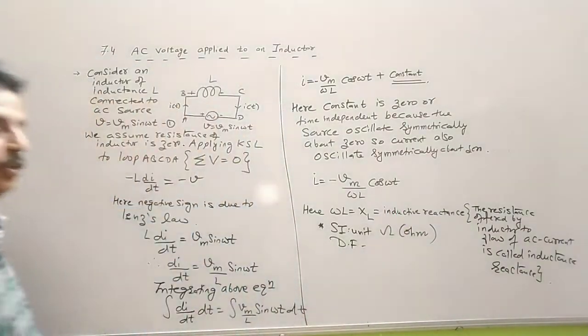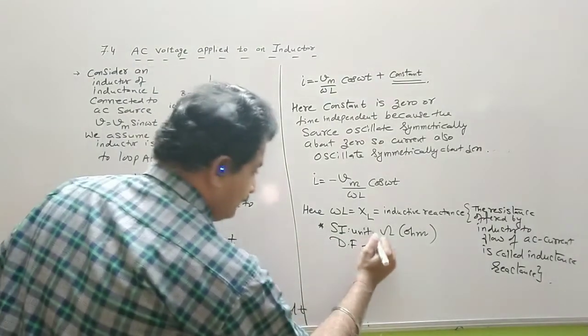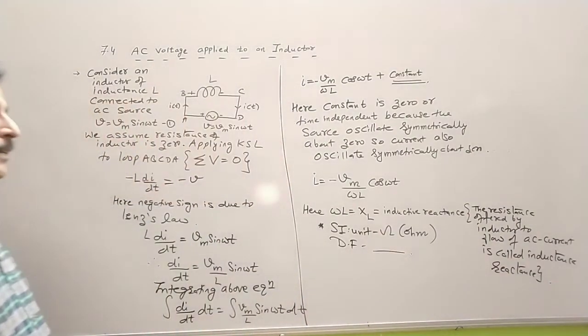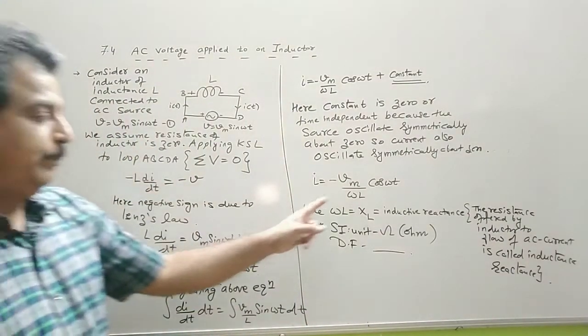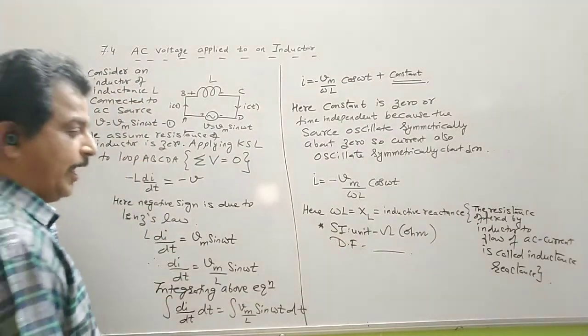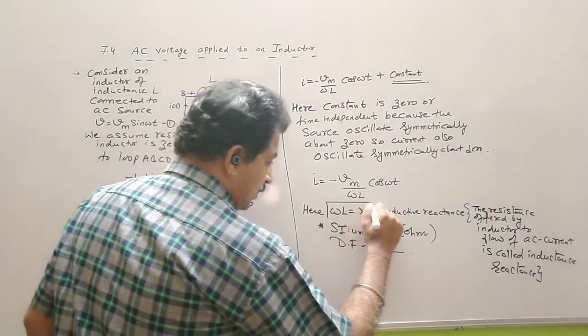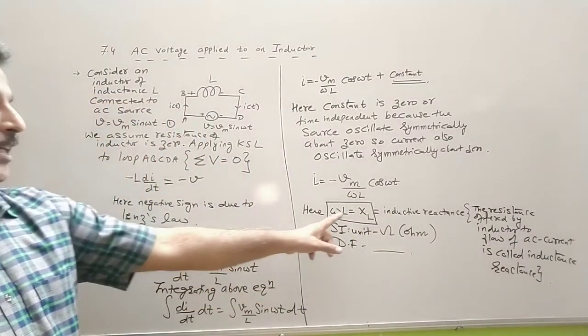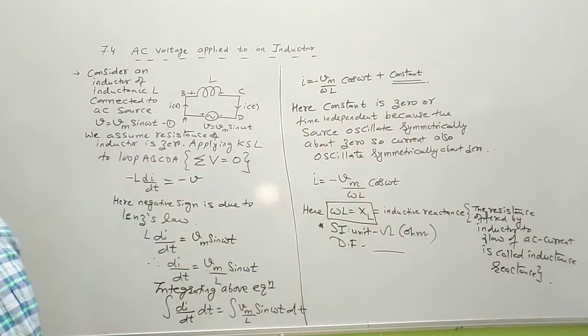It is the same as that of resistance. The dimensional formula is again left as an exercise. So we replace this resistance of an inductor by a new term which is called XL. It is directly proportional to the inductance and the angular frequency.